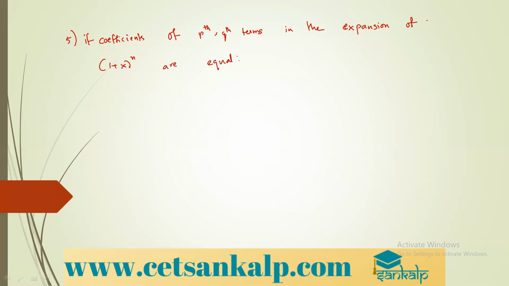We are taking the pth term and qth term coefficients from the expansion of (1 + x)^n. If at all they are equal, then I can say p plus q will be equal to n plus 2. This is also just a formula.